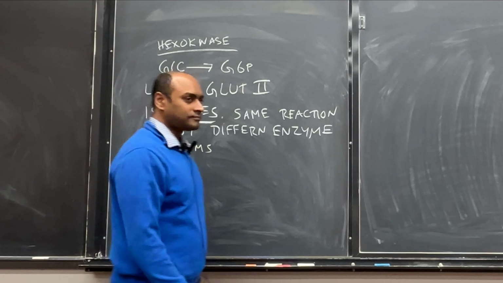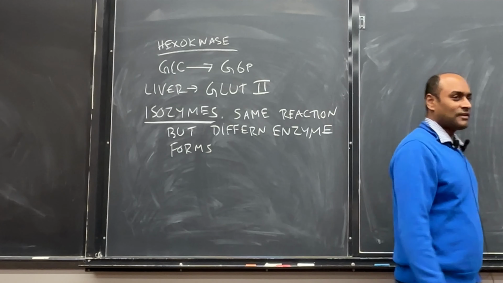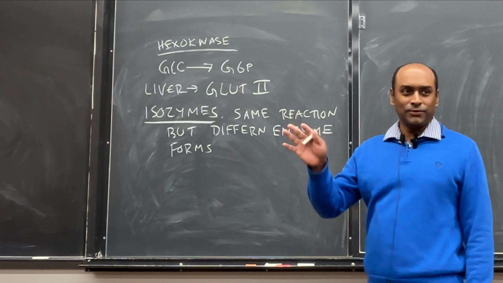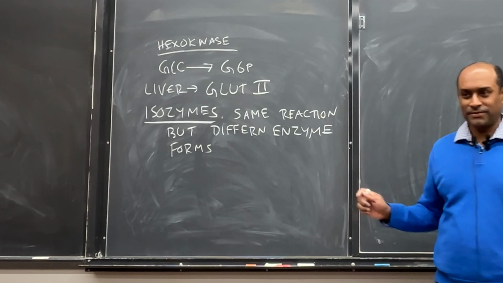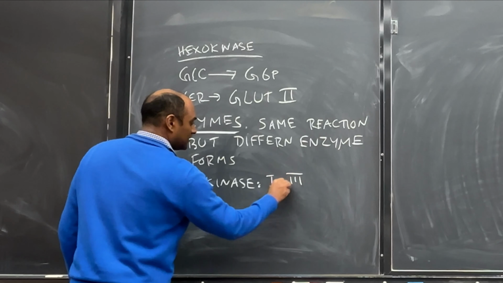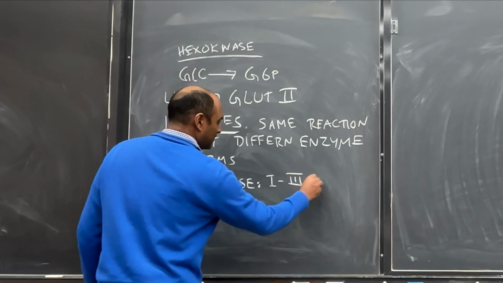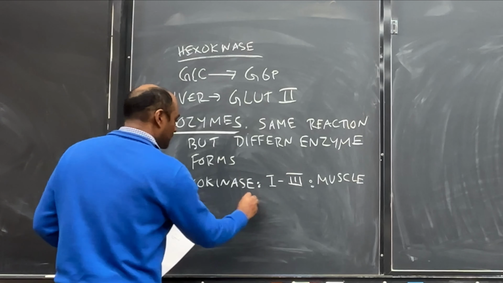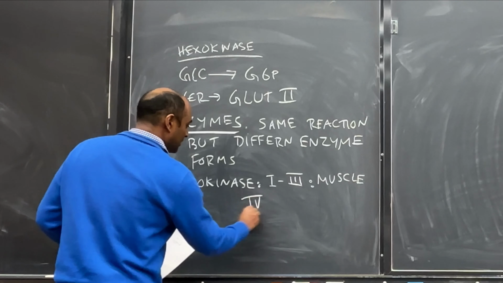Okay? So it turns out hexokinase is one such example where there are 4, not 1, not 2, not 3, 4 different types of isozymes, isoforms. 1 through 3, they are found in the muscle normally. But hexokinase-IV is only found in the liver.